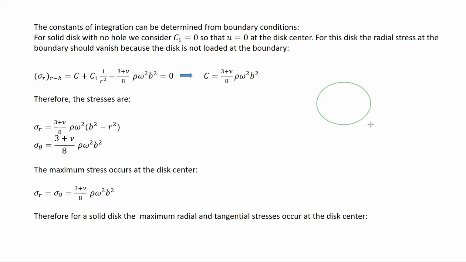If this is my disk, at this location, on the boundary, considering an element here, there is nothing outside, so sigma r at r equal to b should be equal to 0. So that would be one equation.